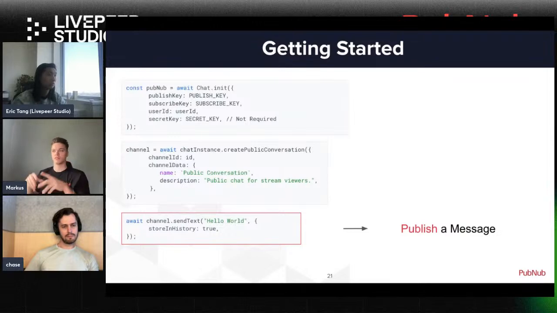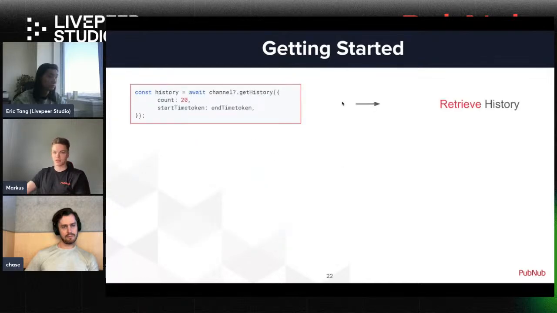Then I could set the store in history parameter to true or false. True retains it in history so I can load it back later. If I set it to false, it doesn't come back with the get history function.